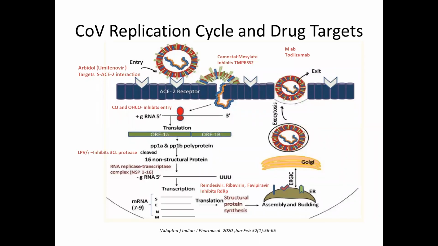Now, I go through this to appreciate that there are certain things that you can do as you want to look at drugs that will target this virus. You can have drugs that inhibit attachment to these receptors. You can have drugs that inhibit fusion, whether you're inhibiting the transmembrane serine type 2 protease or other enzymes like trypsin, furin that will be found in these diverse viruses.